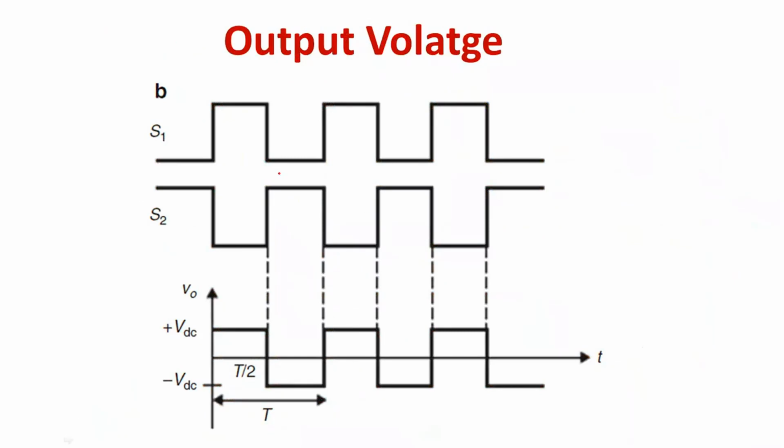So this is the instant where S1 is on and this is where S1 is off. When S1 is on, S2 is off. When S1 is off, S2 is on.